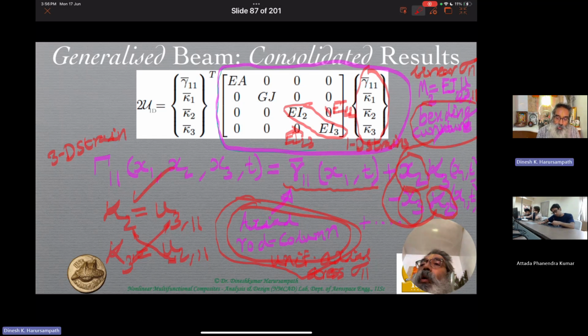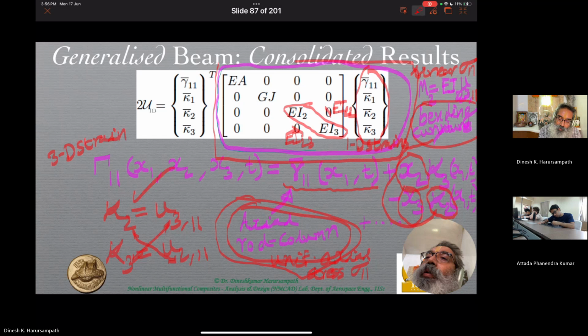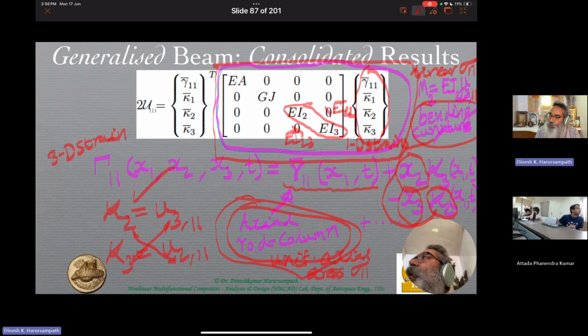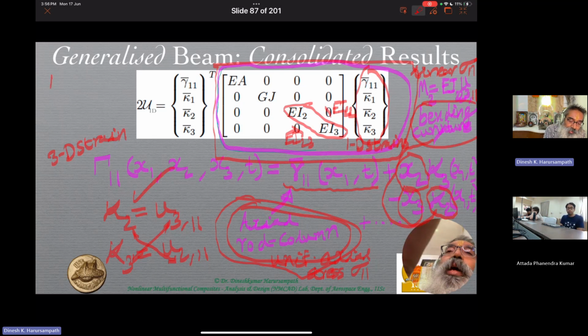Okay, so what I have boxed over here is nothing but the corresponding stresses that we are talking about in a stress resultant sense, which is nothing but your axial force F1, the torque M1, and the two bending moments M2 and M3.